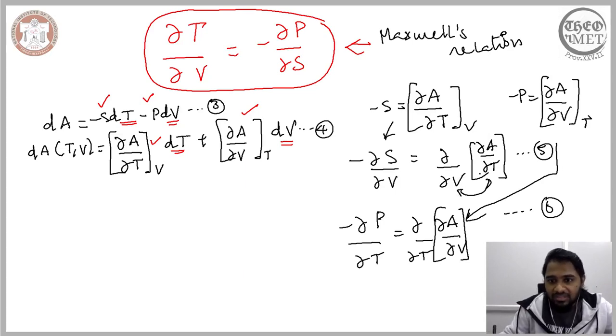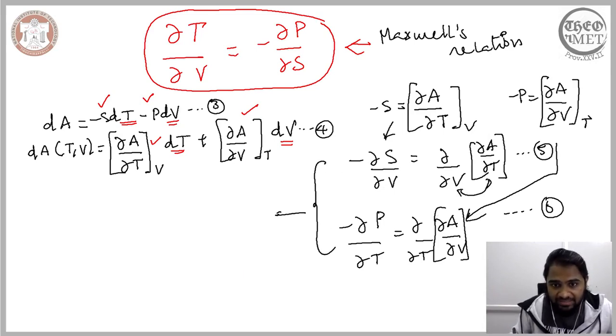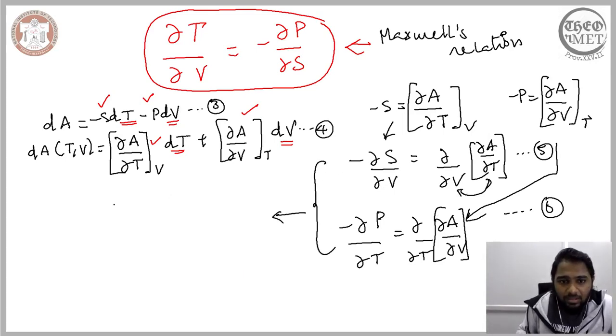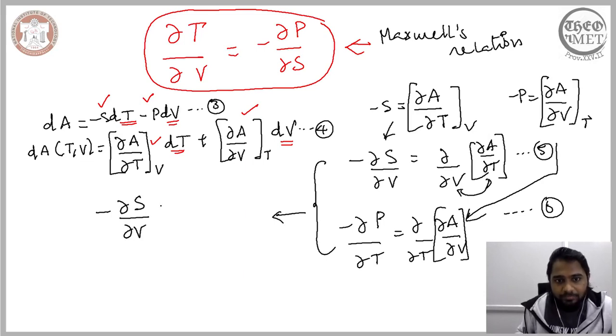So therefore, since the RHS of the equations are equal, that means the LHS should be equal. So the combination of these two yields a relation that minus of change in the entropy with respect to volume is equivalent to minus of change in pressure with respect to temperature. So these minus can be cancelled.